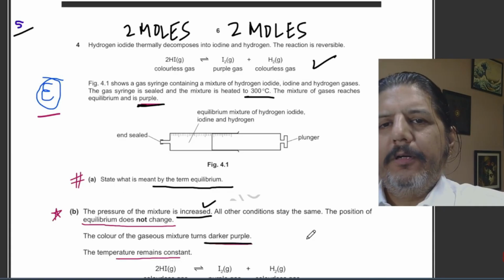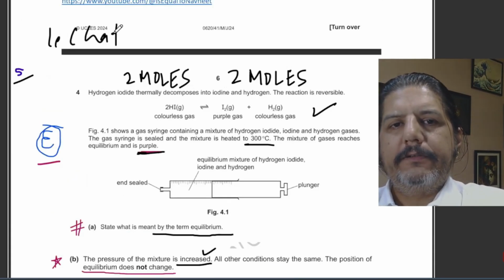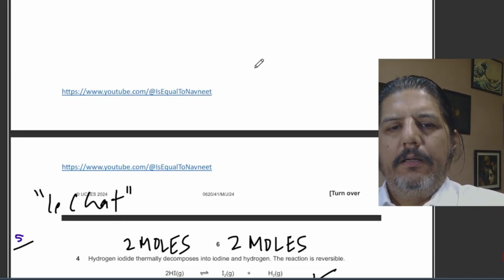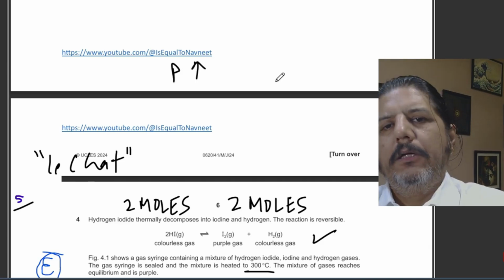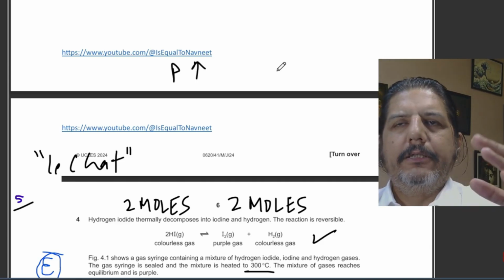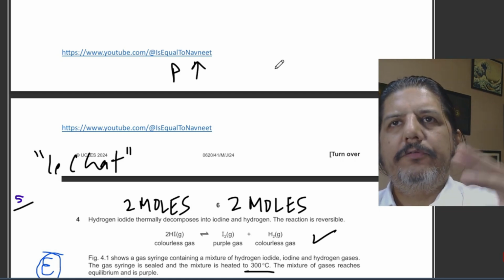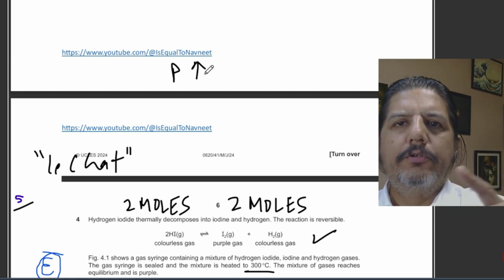So the equilibrium does not change because what Le Chatelier has said is that, for example, if you increase the pressure, the equilibrium will try to shift in a direction which will try to oppose this.